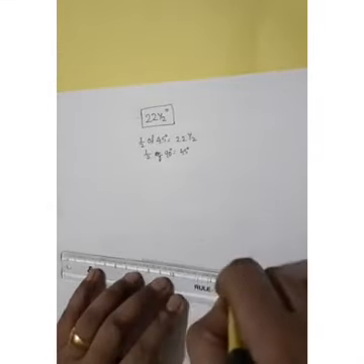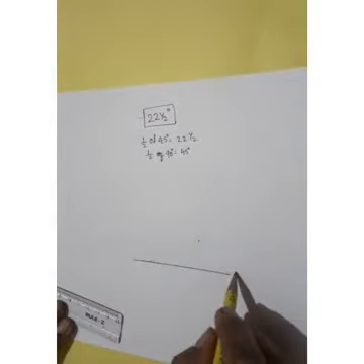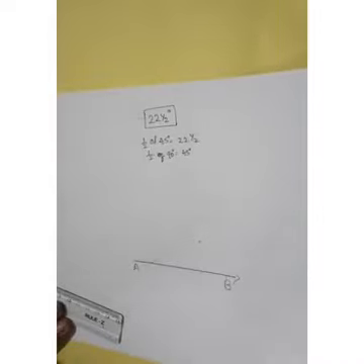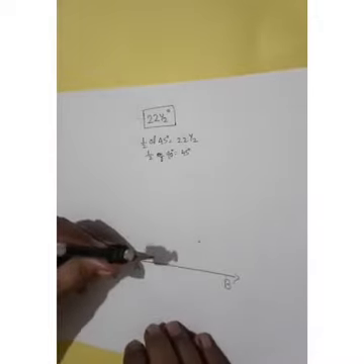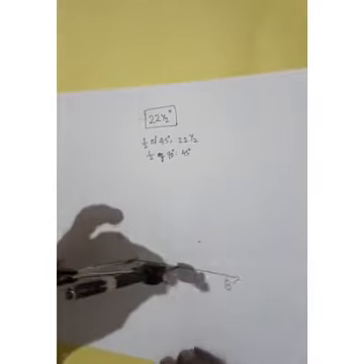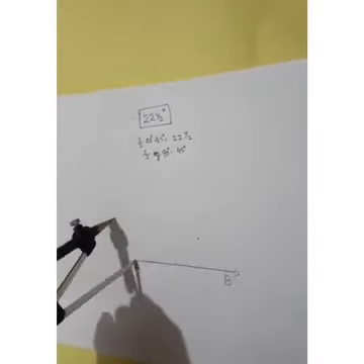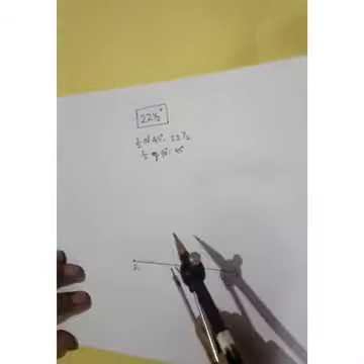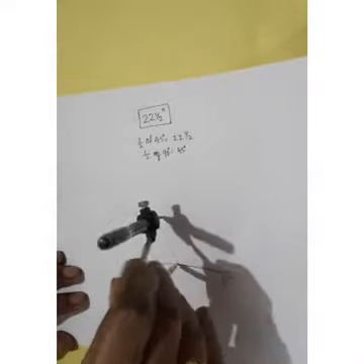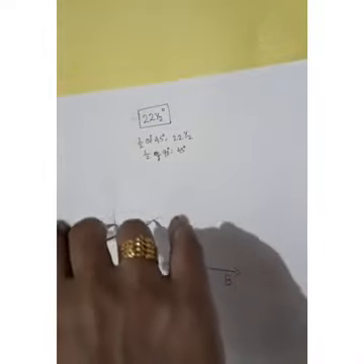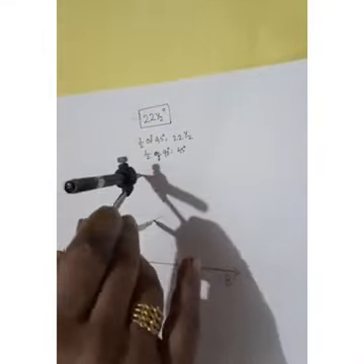First step, draw a ray here. And construct that 90 degree by making this arc as one arc, second arc, third arc, then from there itself you can draw one arc here like this.